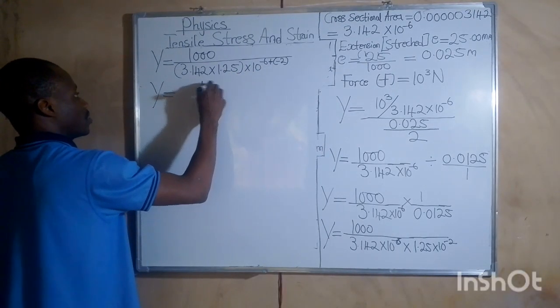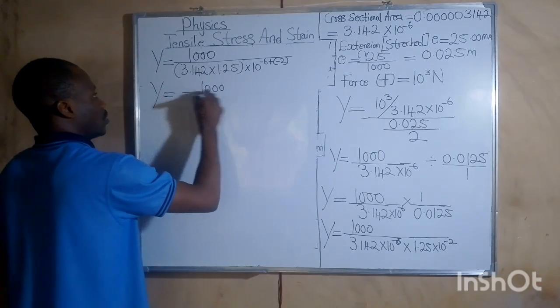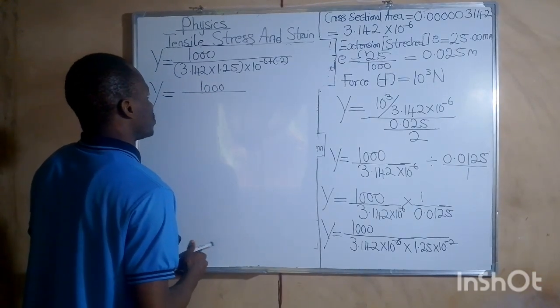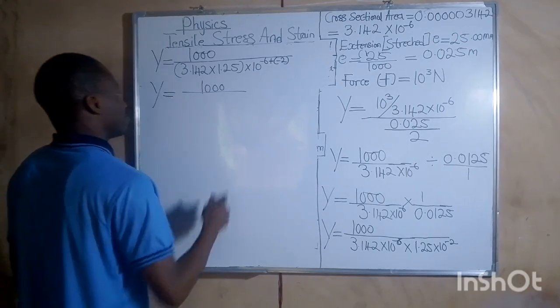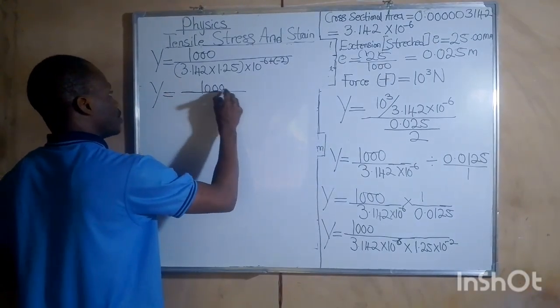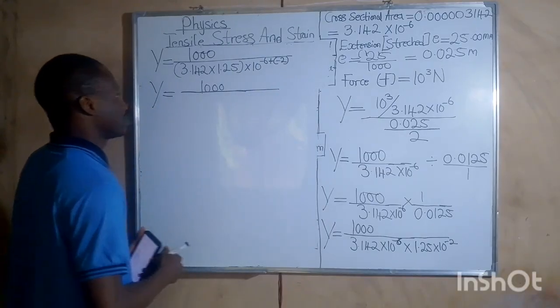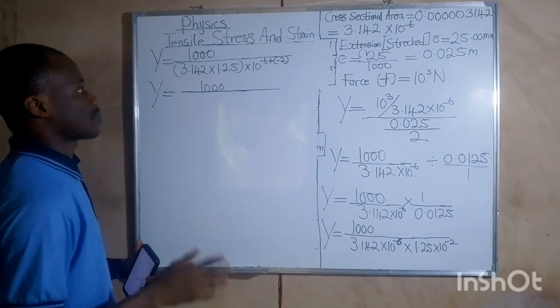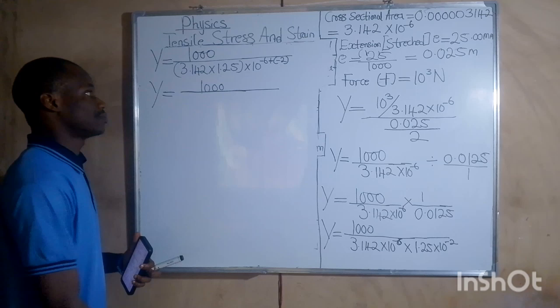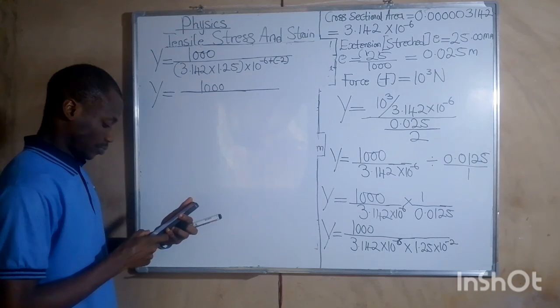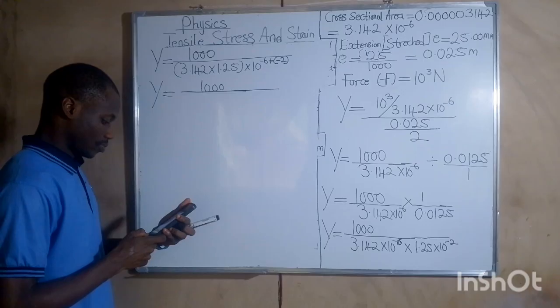So 1000 all over, let's go 3.142 times 1.25. Please make sure you clear your calculator very well before doing that. AC on 3.142 times 1.25, then give us in SD. What do you have on that? 3.9275.